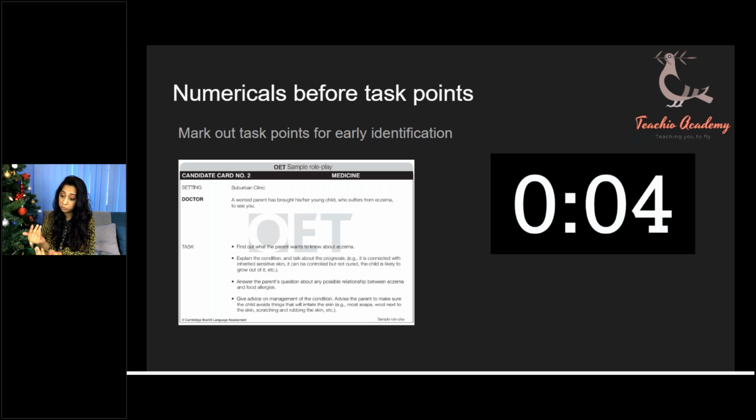And then what people do is, okay, I'm going to talk about, so do you have any questions about eczema? And then the parent might say, oh, I know about eczema, I've had eczema myself, so I'm a little worried about it. I know what it means, but what's the prognosis like? So what that does is that the interlocutor themselves have jumped from one point to the other.